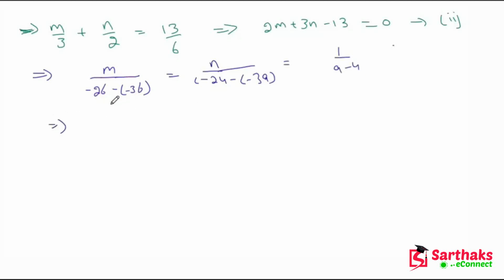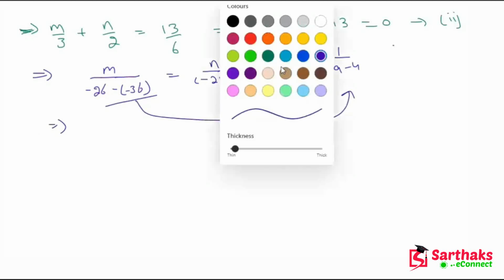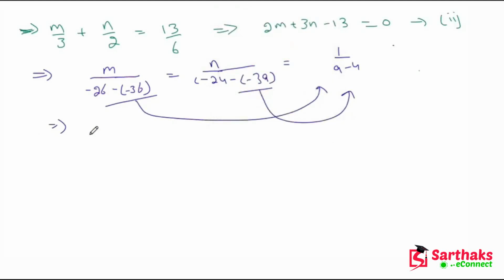Comparing the first one, m upon 10 equals 1 upon 5, then we have m equals 2.